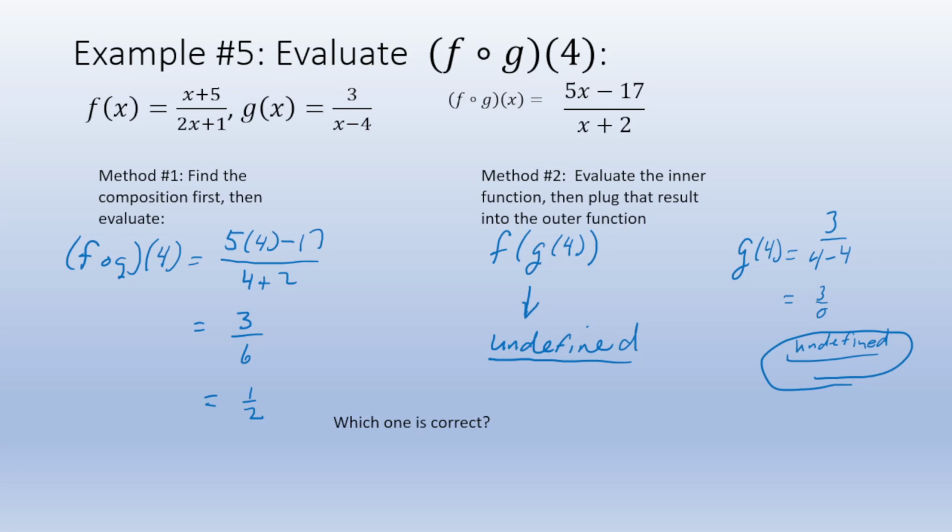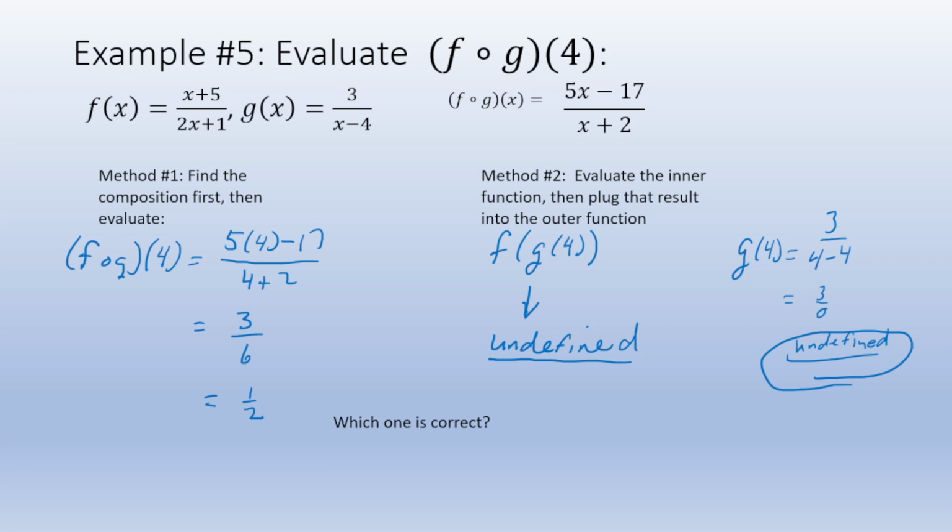The answer lies in how we got the composition. We got the composition by taking f of g of x. So we plug the function g of x into the outer function so that any restrictions that we have on g of x are going to be carried along into the composition.